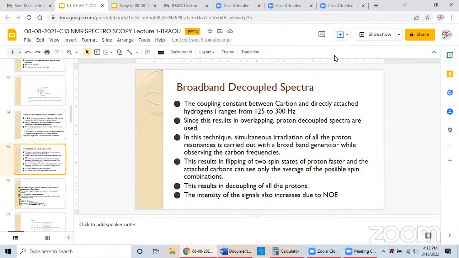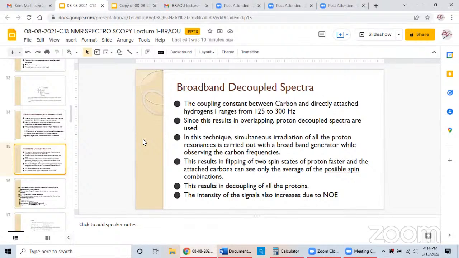Now, next is broadband decoupled spectra. What is this broadband decoupled spectra? The name itself suggests something is being decoupled. What is being decoupled here? All the hydrogens, because the hydrogens present in organic molecules are giving rise to complexity, since the number of lines is more. Suppose you can remove the couplings due to all the hydrogens, then definitely the spectrum will be simplified.